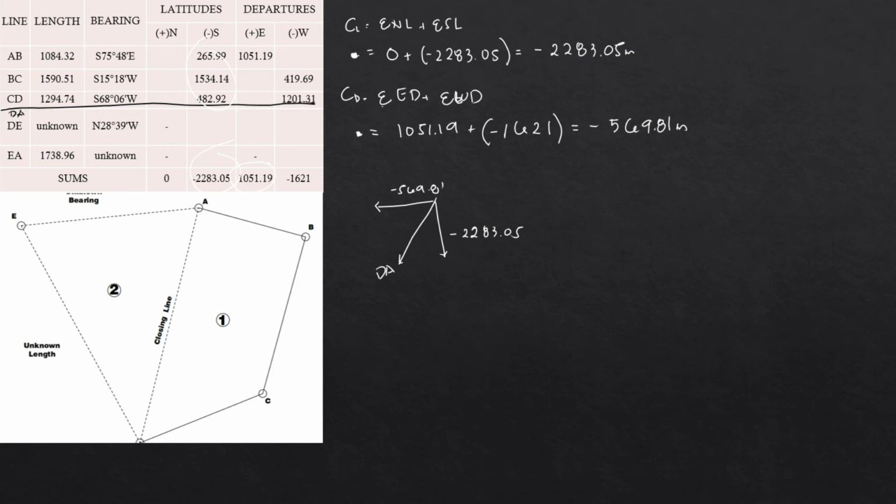Gagamit tayo ng Pythagorean ulit. Okay, so length ng DA natin is equal to square root ng CL square plus CD square. So, meron tayong CL na negative 2,283.05 square plus negative 569.81 square.